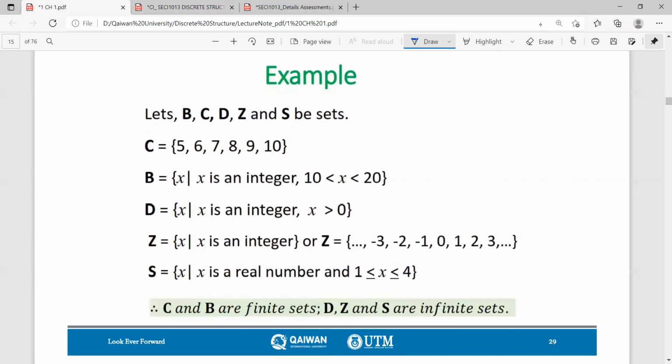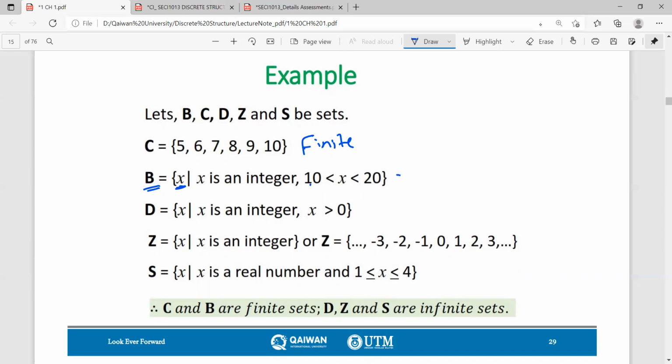Here we have these sets. C is 5, 6, 7, 8, 9, and 10. We have only these elements in the set. We have 6 elements in the set, so it's finite. For this one, B is the set of X, where X is an integer and it's between 10 and 20. That means 10 and 20 are not included. So set B is 11, 12, 13, 14, up to 19.